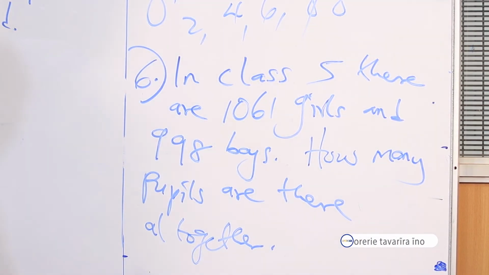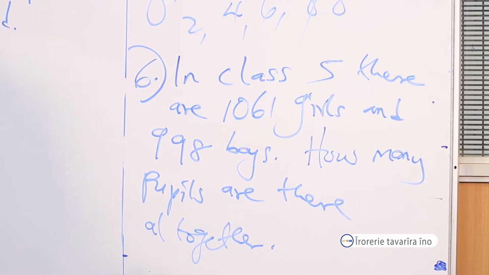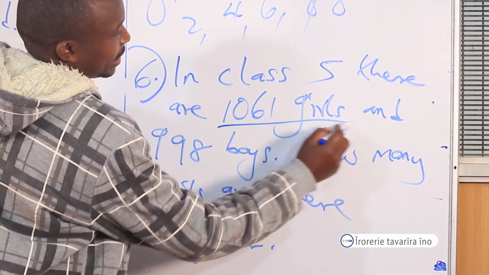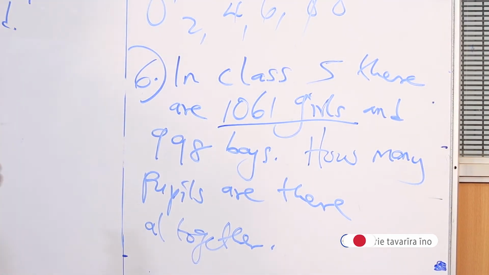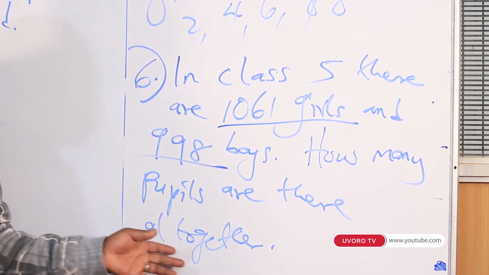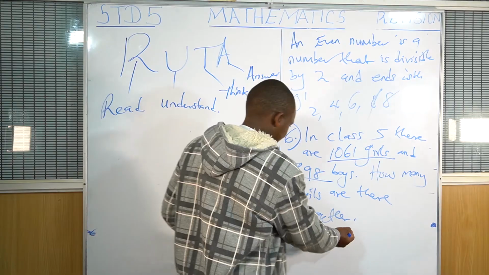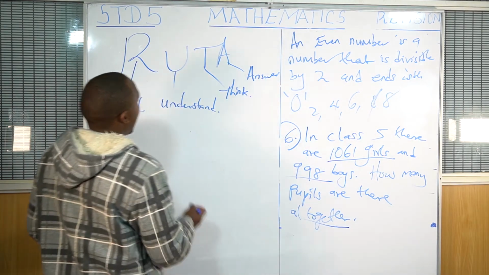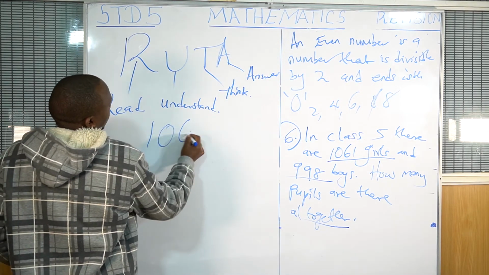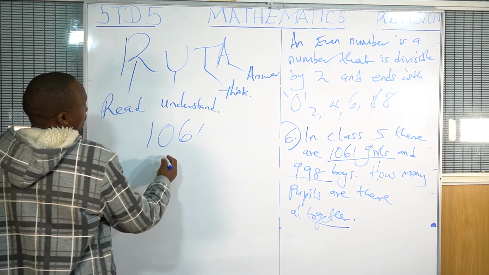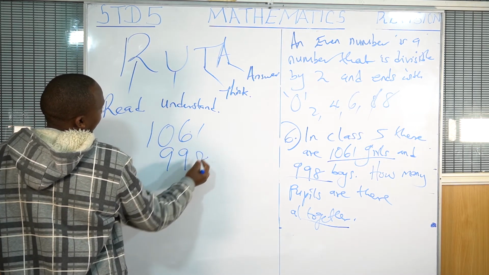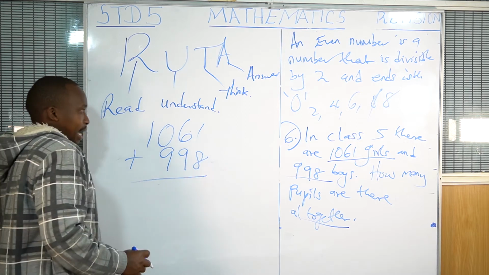U for understanding. Now, you are told 1,061 girls. And how many boys? 998 what? Boys. T for thinking. All together. What are you supposed to do? We add. Now, that is 1,061 plus 998. We add.